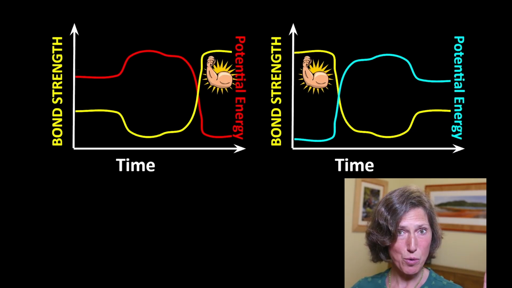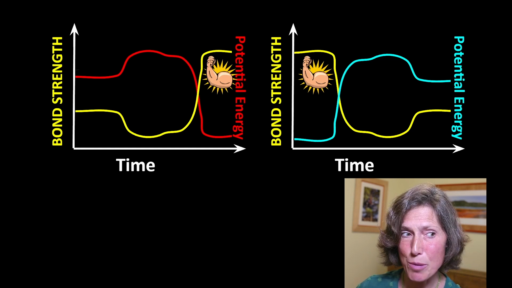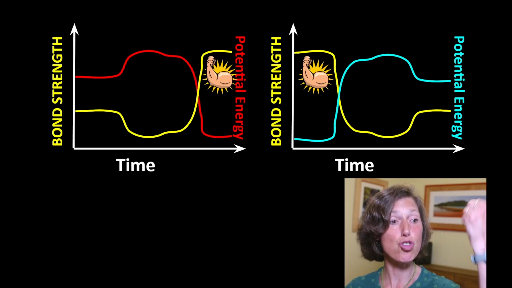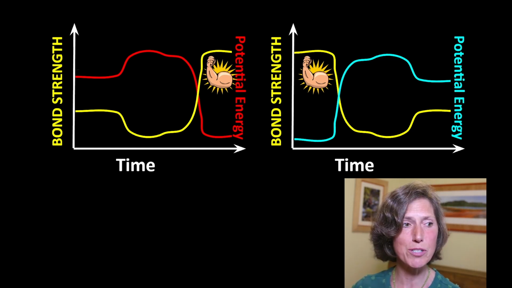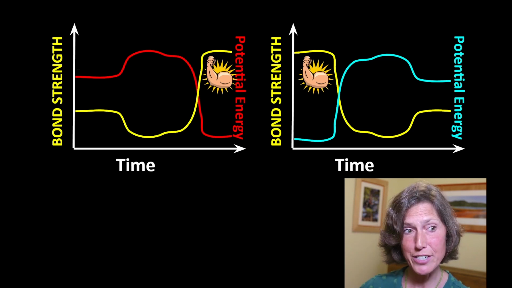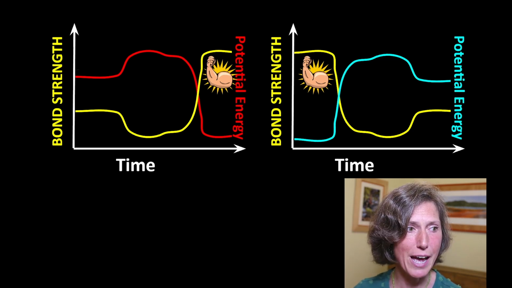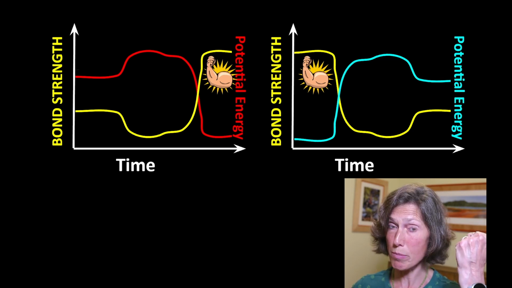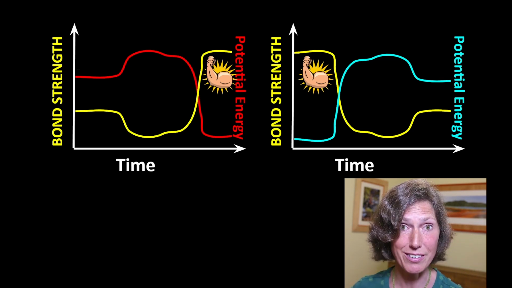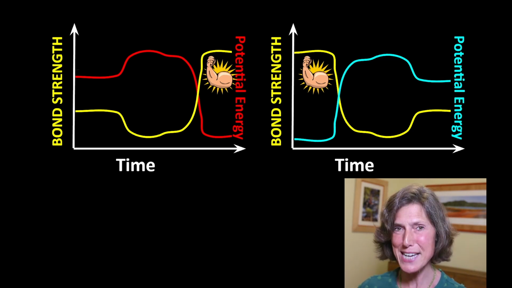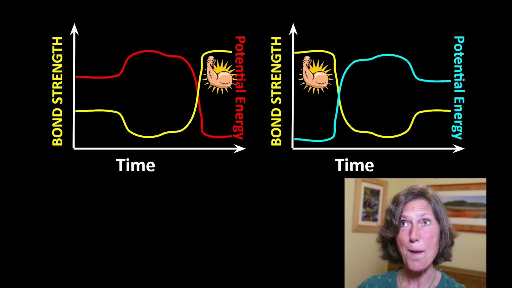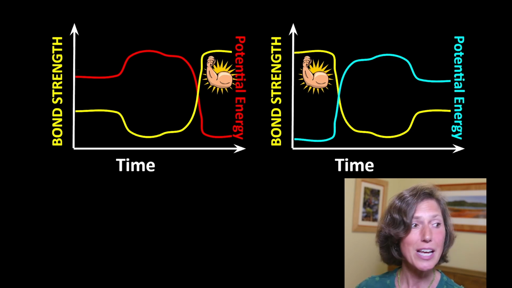So the left graph shows you an exothermic reaction, so very strong bonds are formed. The graph on the right shows you an endothermic reaction, and so strong bonds instead were broken. So if we bring in those bicep curl images, maybe that will help students understand the difference.